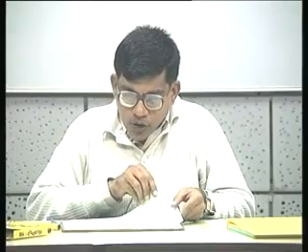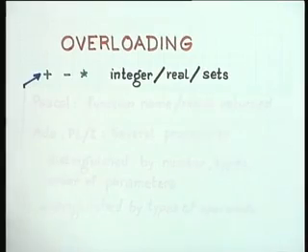So there are other kinds of bindings. For example, in all kinds of bindings that we have discussed so far, you have an identifier denoting a single object, whatever that object might be, but you have also what is known as overloading, and the most common overloading available in all programming languages is the overloading of addition and multiplication and subtraction.